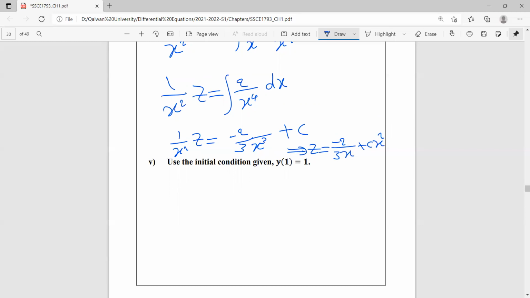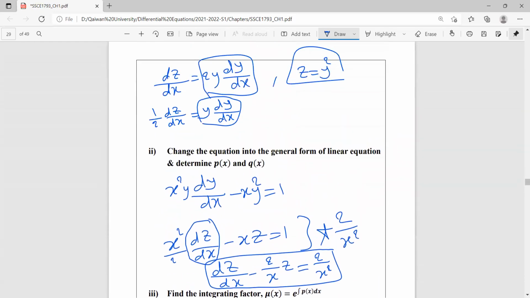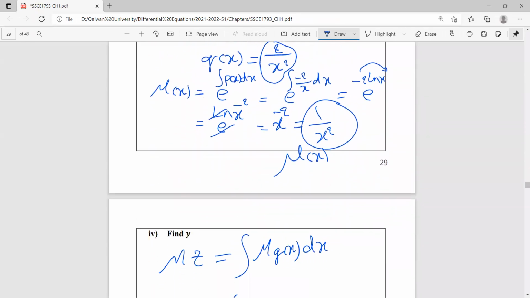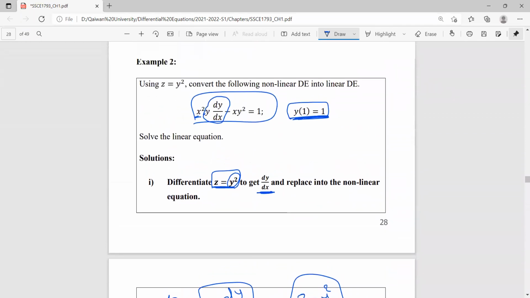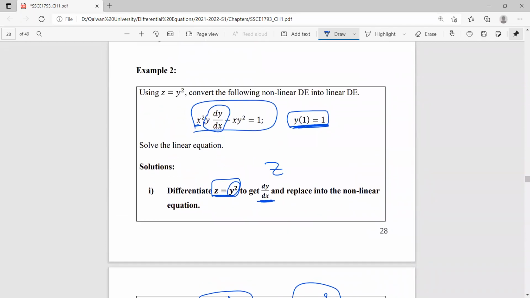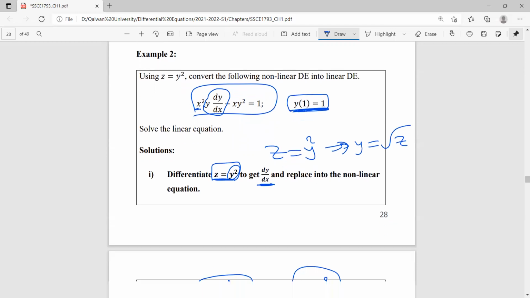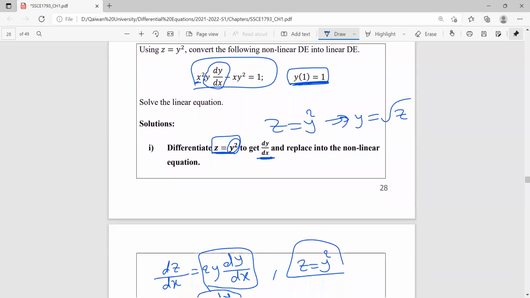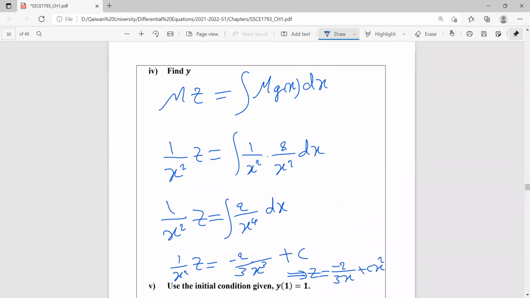This is z. How about y? We said z equals y squared, so y is the square root of z. By taking the square root of both sides, we get the square root of z.